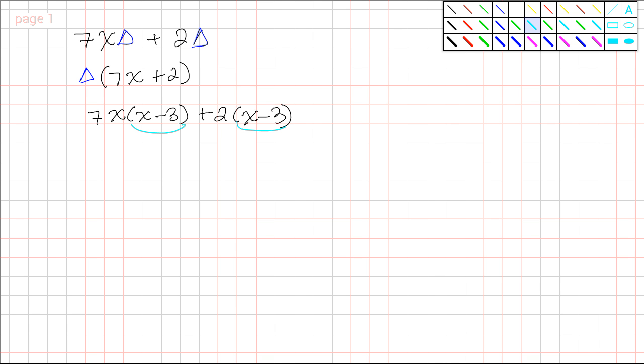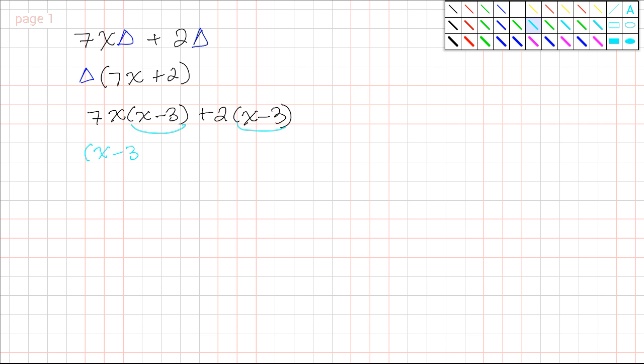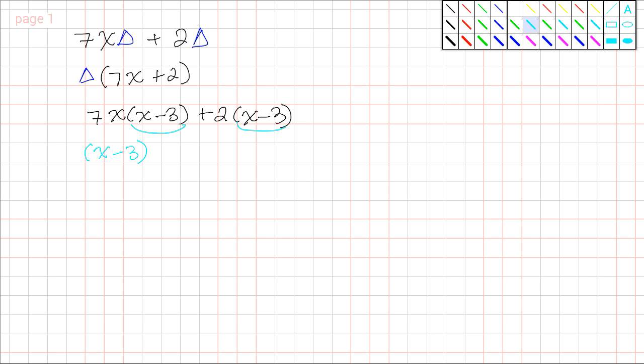So I'm going to go ahead and factor that x minus 3 out. And I am going to be left with 7x plus 2. So I have factored that expression.